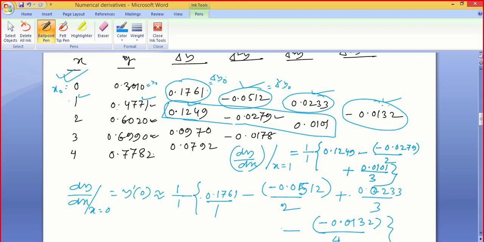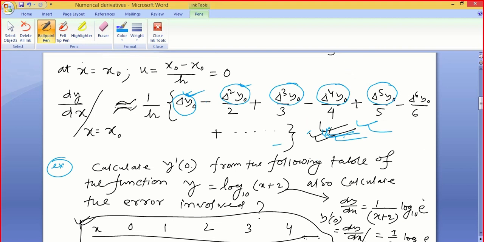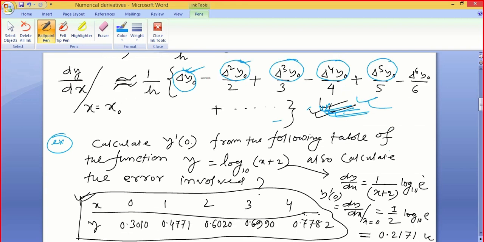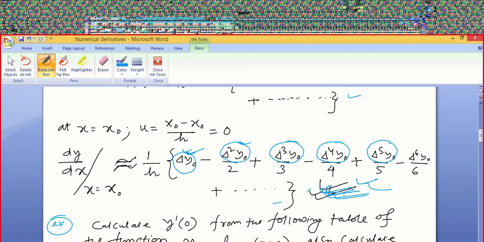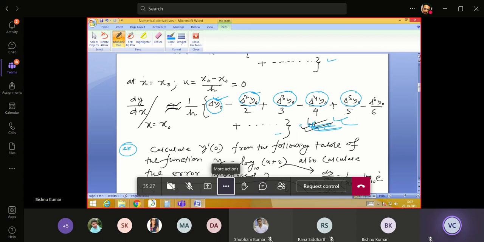Associated with that element, you use the upper diagonal elements to construct the same formula which we have established here. Okay. You got my point? Yes, sir.